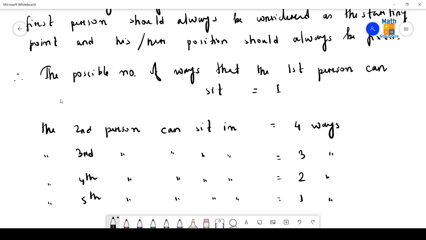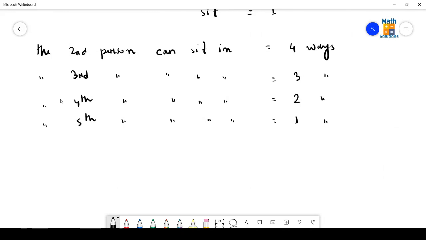Of course, we have to apply here the fundamental principle of multiplication. So by the fundamental principle of multiplication, what do we get?